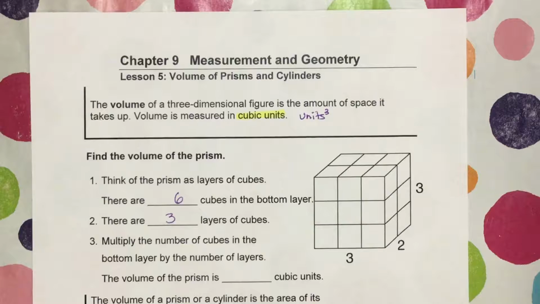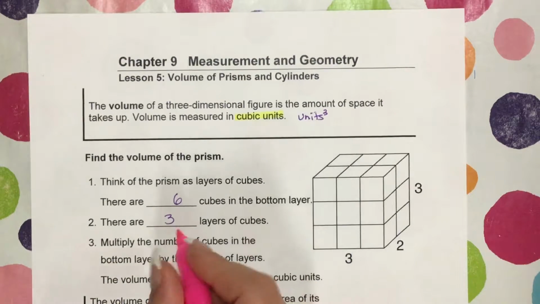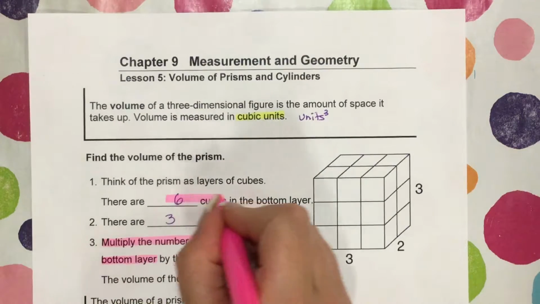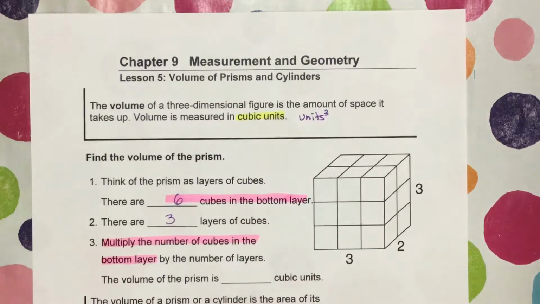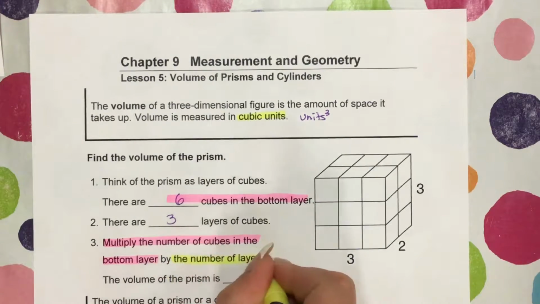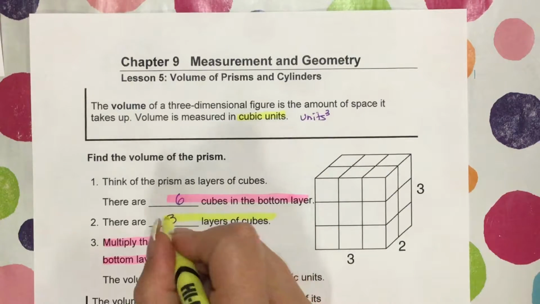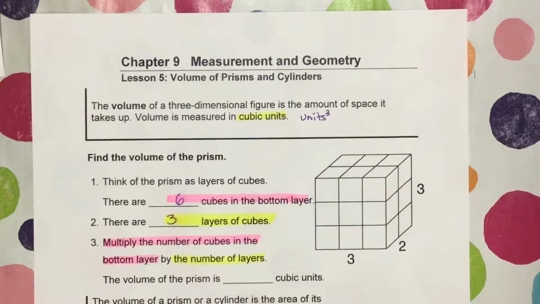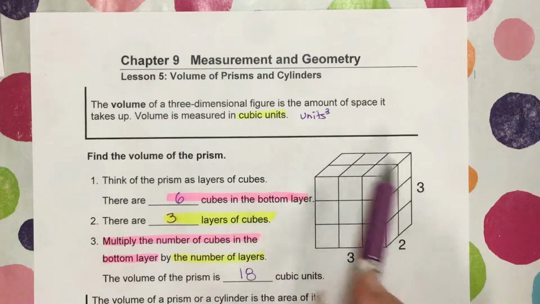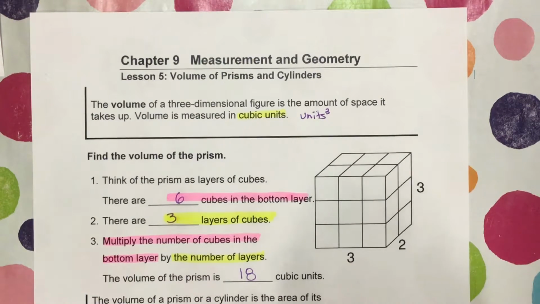The 6 is the number of cubes in the bottom layer. We multiply it by the number of layers, and there were 3 layers. So to find the volume, we multiply those two numbers together. 6 times 3 ends up being 18. So the volume of this cube figure is 18 cubic units.